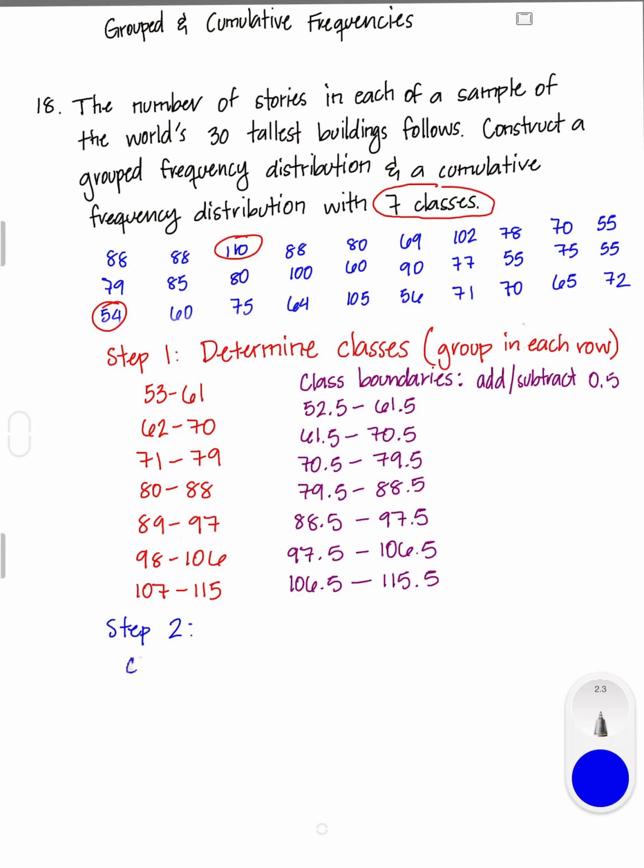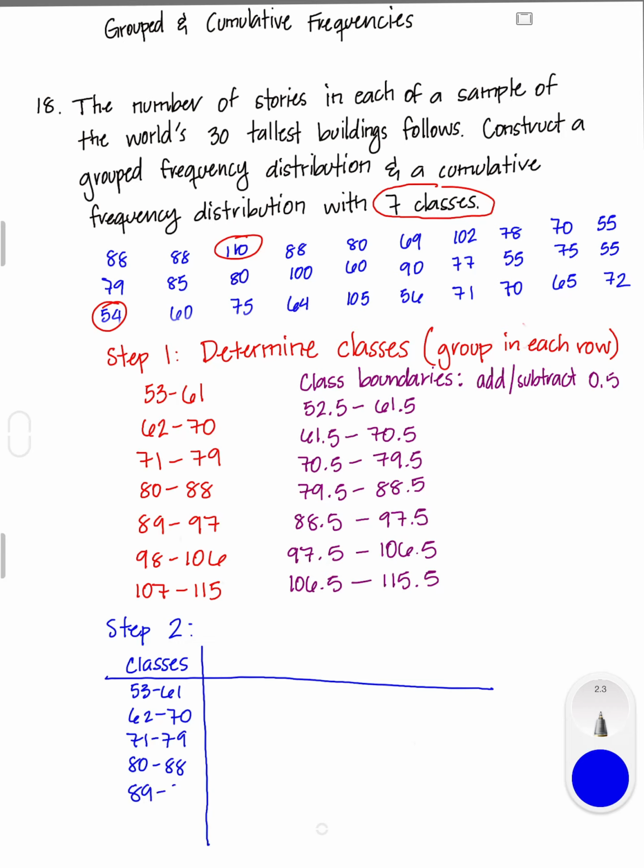So step 2, first we start with our classes: 53 to 61, 62 to 70, 71 to 79, 80 to 88, 89 to 97, 98 to 106, and 107 to 115.